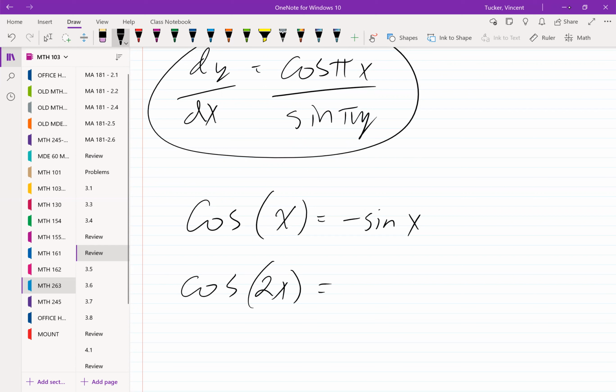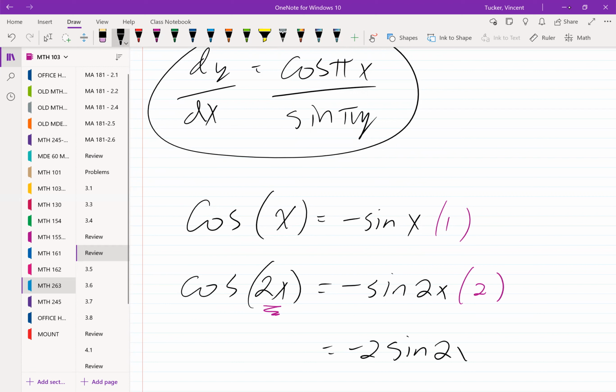Then the derivative of the cosine part is negative sine 2x. The 2x is still there, but then you have to multiply that by the derivative of whatever is on the inside. The derivative of 2x is 2. So the answer here is negative 2 sine 2x.